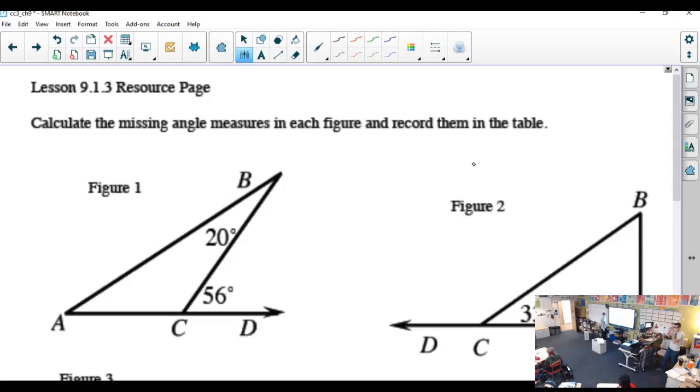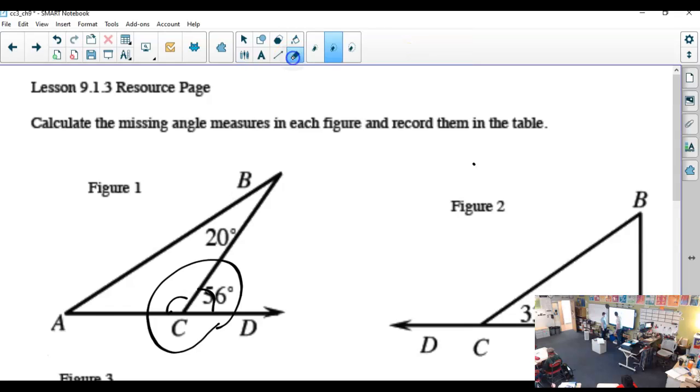We haven't really talked about angle naming. We could call the left corner there angle A. However, sorry to jump in on your teaching, we cannot call this or this angle C, because C has a bunch of stuff there.